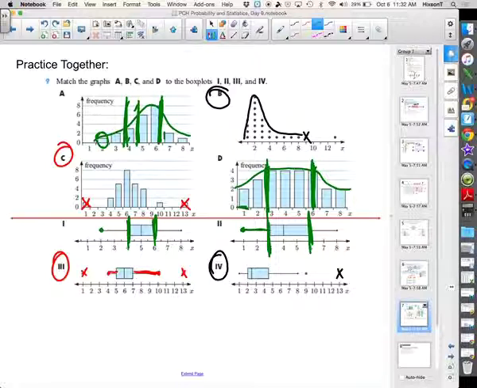So all the other observations we made were really good too, and that just confirms the whole idea. So in this case, D would be 2, and A would be 1. Okay? So you see how these relate to each other?